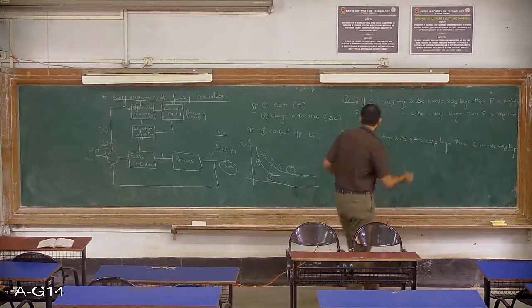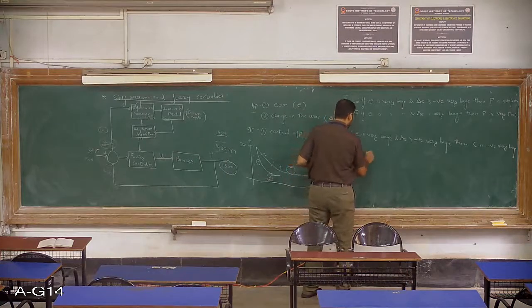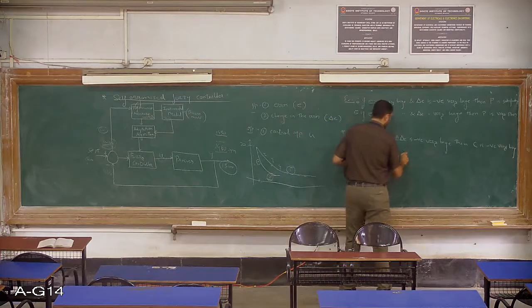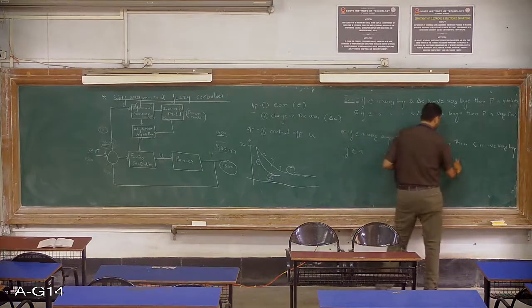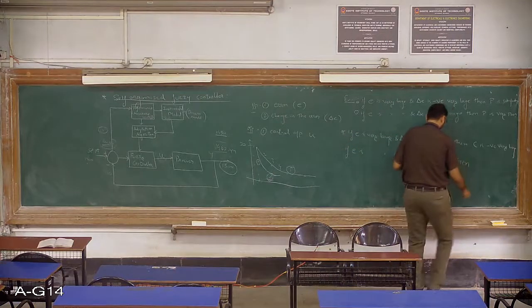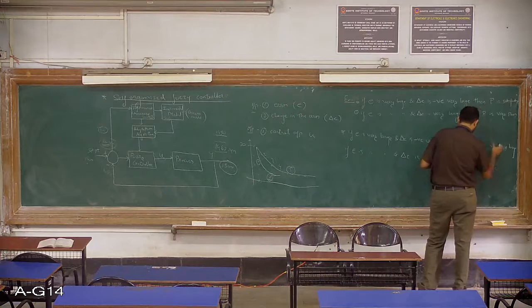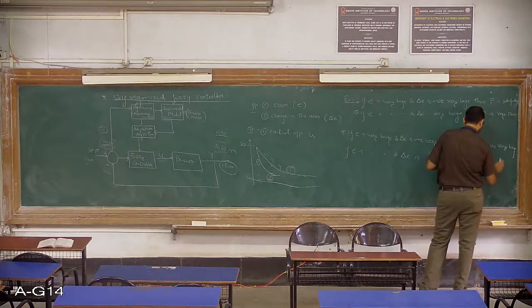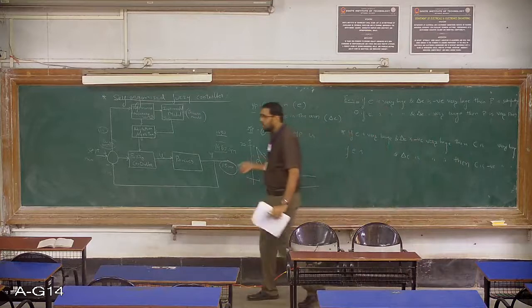Okay, this is one example. The second part we saw was: if E is very large and delta E is very large, then C, in the earlier case, is very large, and in this case it can be taken as C is negatively very large. This is just an example of how the rules are modified.